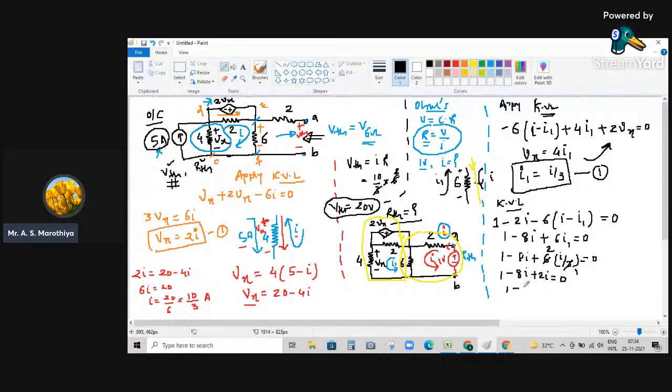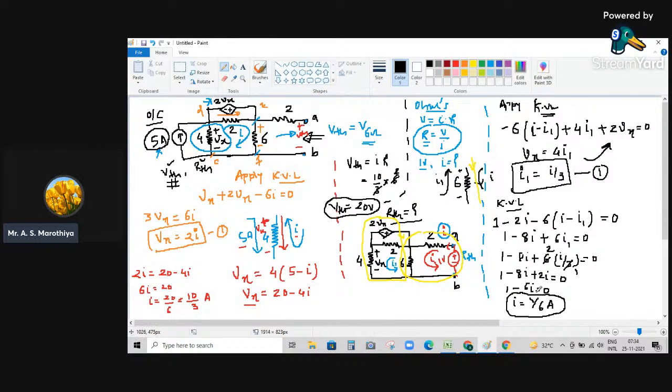So 1 minus 6I is 0, or I can write I is equal to 1 by 6 ampere. This is very important. I hope this is clear to everyone. You need to apply and solve the equations very carefully, and you will get a proper answer for this.